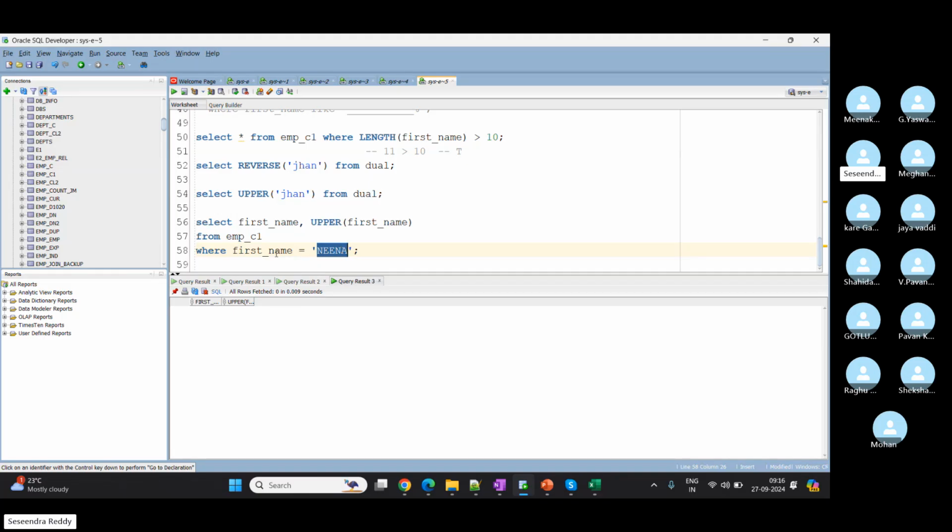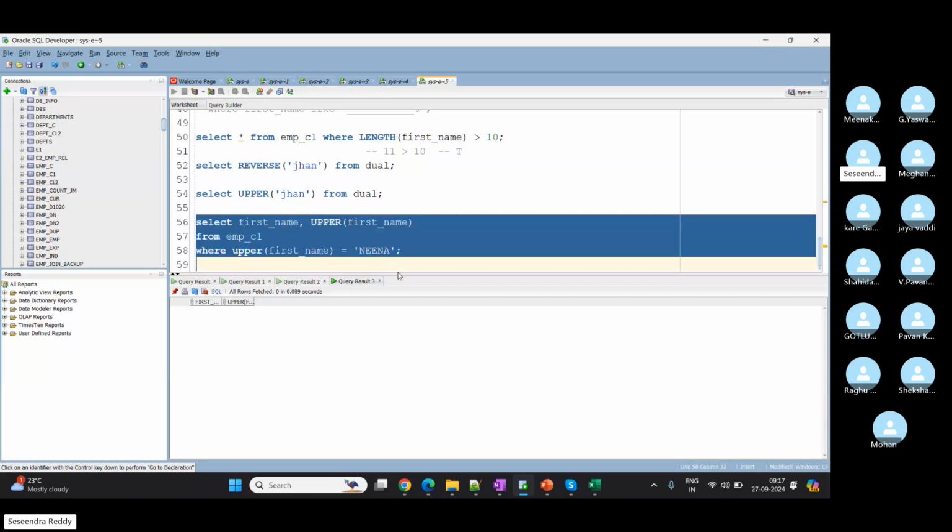So in this case we are going to use either the upper or lower function. So I will tell you. We are going to use the upper function on the first name column.